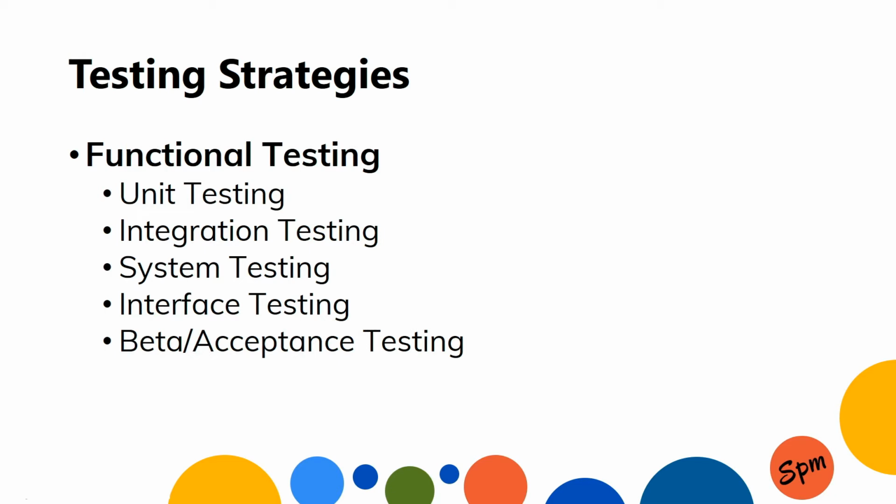And the next one is beta or acceptance testing. Generally, beta or acceptance testing is performed by the client. So in this testing, the software is given to user to run and use the software. And user verify whether the end-to-end flow of the system is as per their requirement or not.